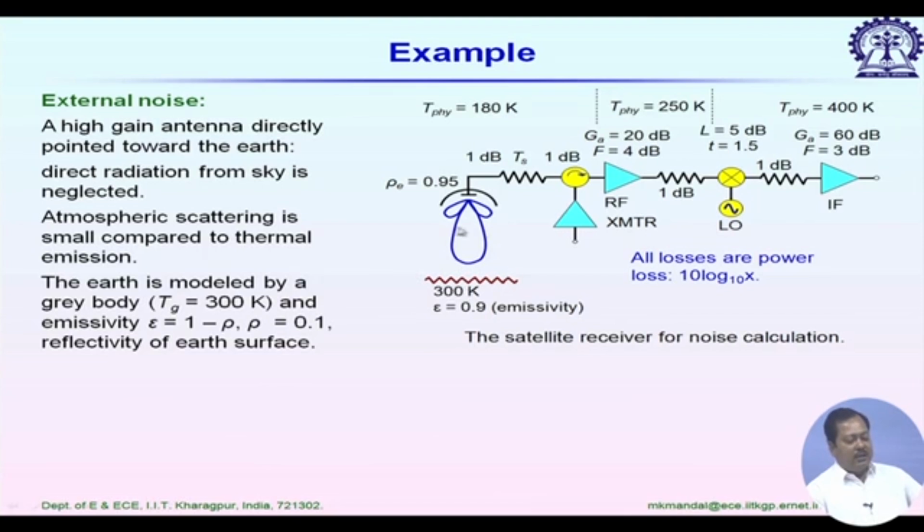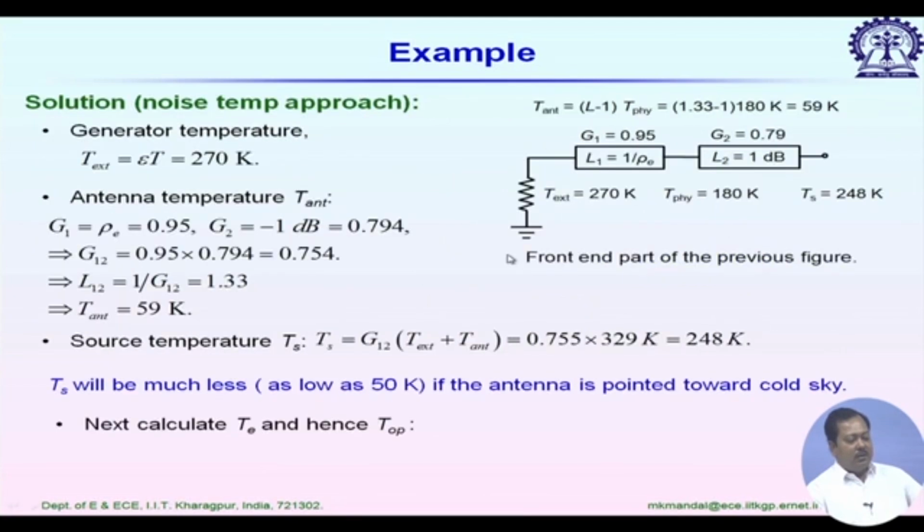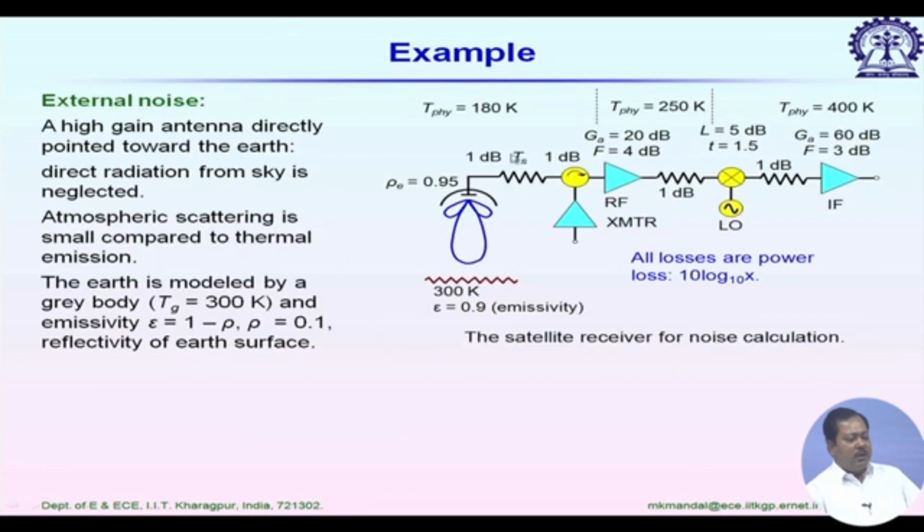So this effective radiation we will be representing by a resistor. So this is the figure. For this part, we are considering the first part starting from the earth surface to the circulator, which are at a physical temperature of 180 Kelvin.